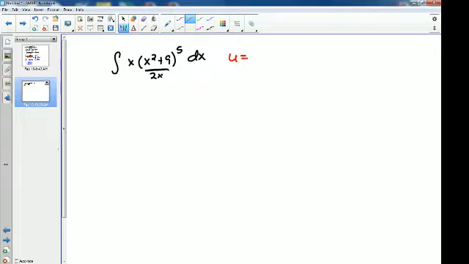Do we want to pick x squared plus 9, or do we want to pick x? Why do you want to pick x? Okay. I'm going to go with it. What's the derivative of x? Right? Okay, so multiply over. You'll get to the point where you're actually skipping this step right here.